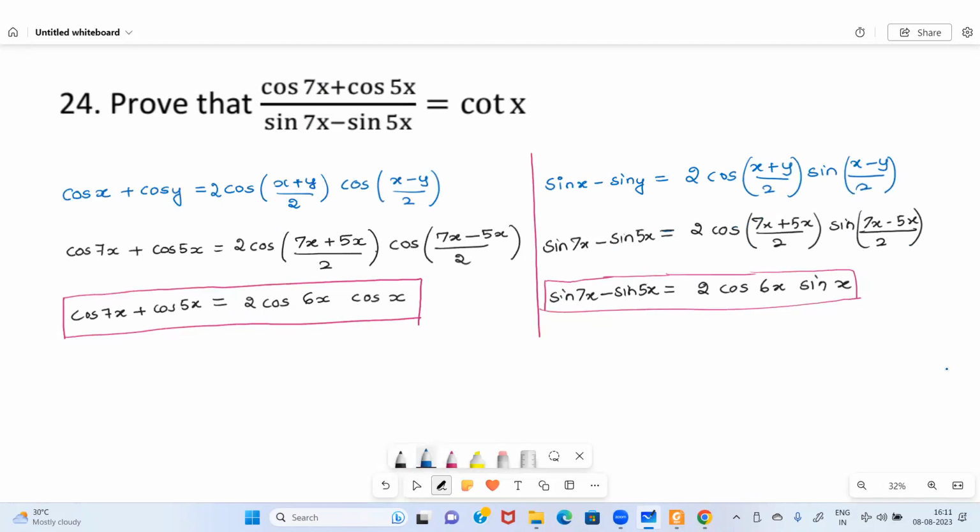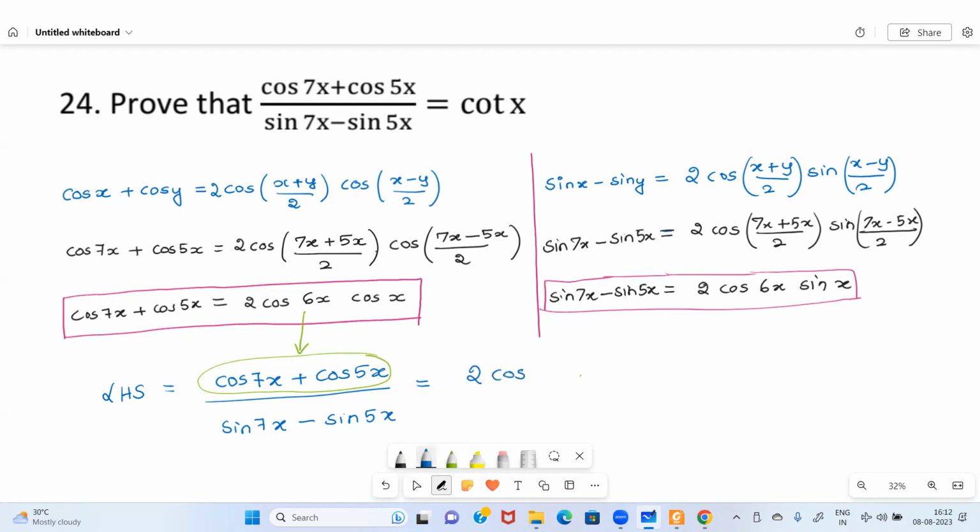Now let's take up the LHS. LHS is nothing but (cos 7x + cos 5x) divided by (sin 7x − sin 5x). We already have the result for cos 7x + cos 5x. What is it? 2 cos 6x into cos x.